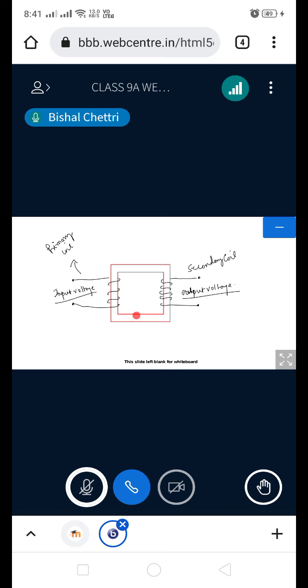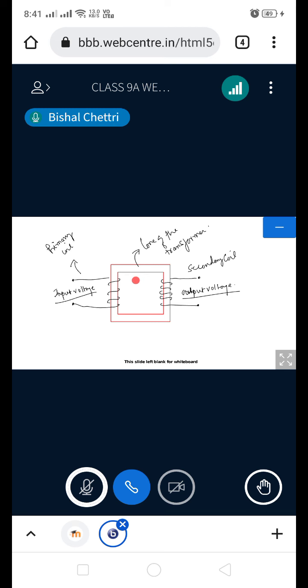This is your output voltage. And this is known as the core of the transformer. Clear? So this is a simple sketch of a transformer.